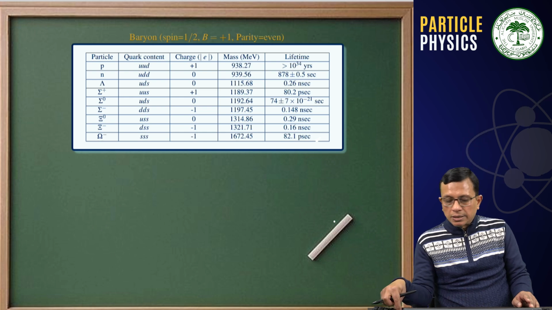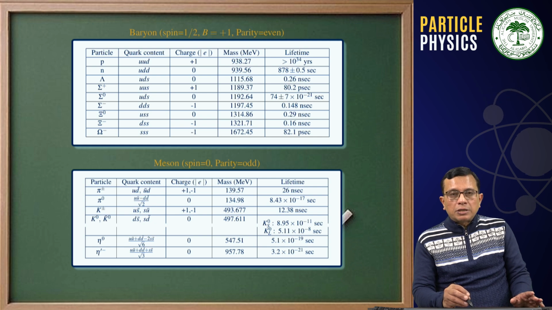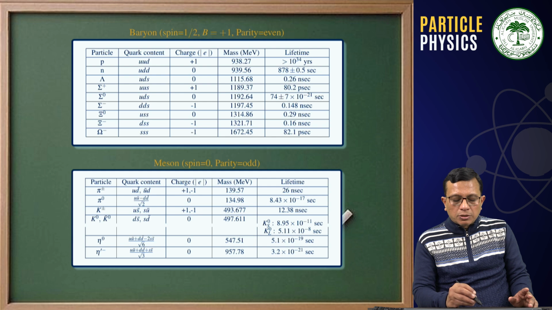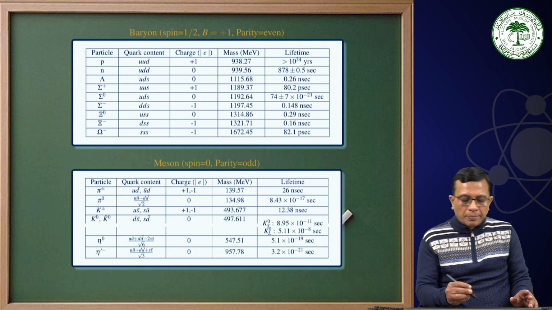Then besides baryons, we have also talked about mesons, and all these mesons: pi plus, pi minus, pi 0, neutral pion, K plus, K minus, K0 and K0 bar, eta 0 and eta 0 prime.